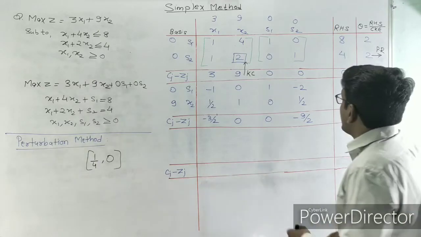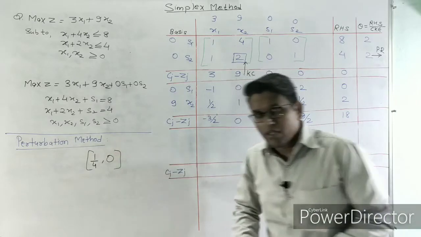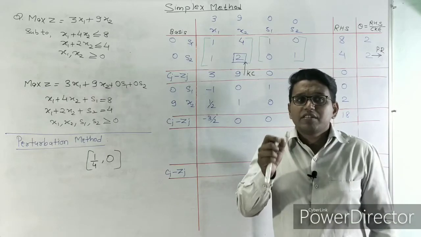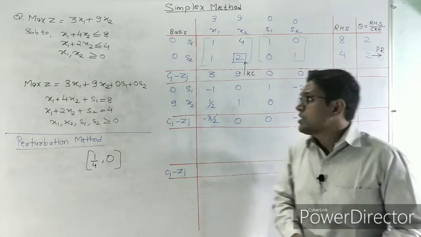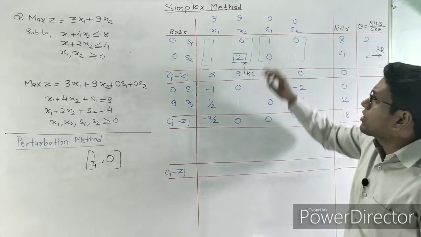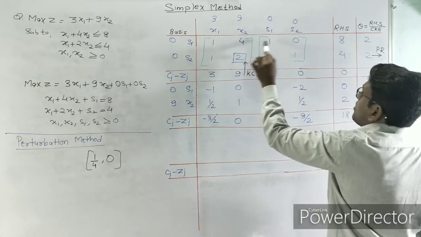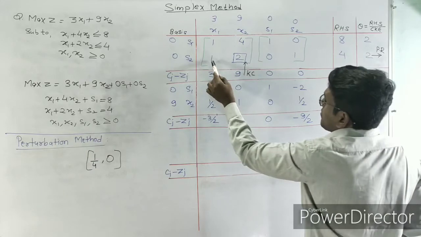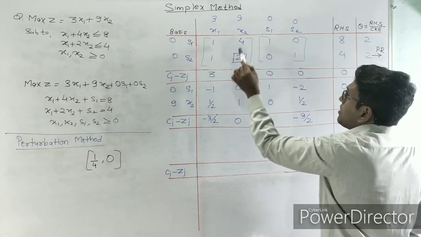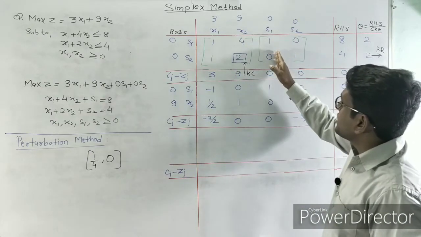Clear? So according to the perturbation method, we divided each element in the tied row by the positive coefficient of the key column element in that row. For this we did 1 by 4, 1 by 4, 0 by 4. Similarly here 1 by 2, 0 by 2, 1 by 2, because 2 is the key column element here and 4 is the key column element there. We compared starting from the identity matrix.